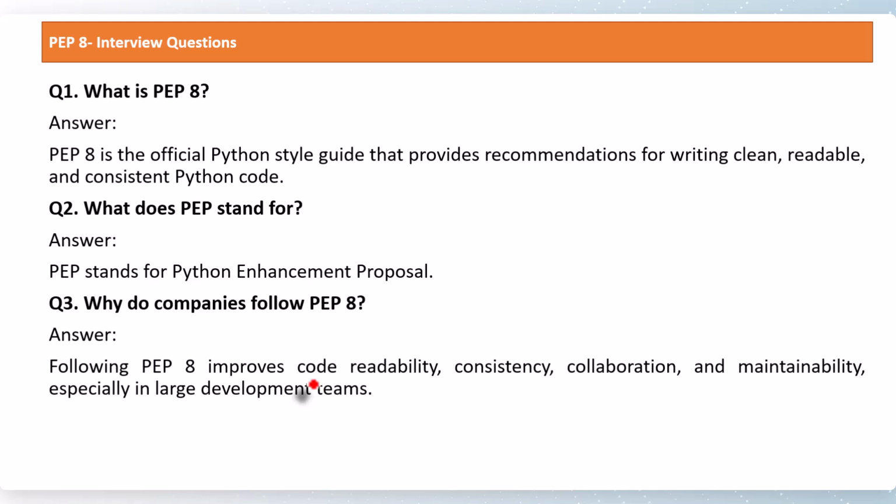So, some commonly asked questions here. What is PEP8? PEP8 is the official Python style guide that provides recommendations for writing clean, readable, and consistent Python code. What does PEP stand for?